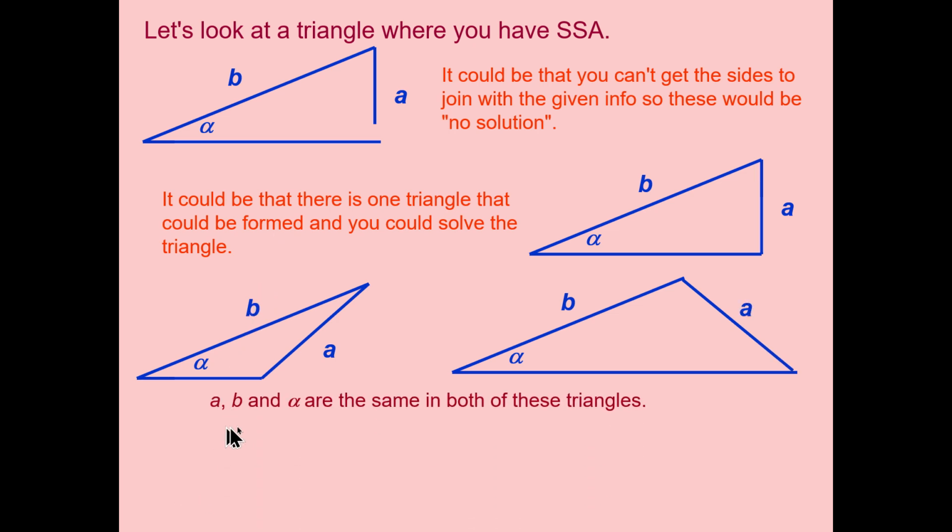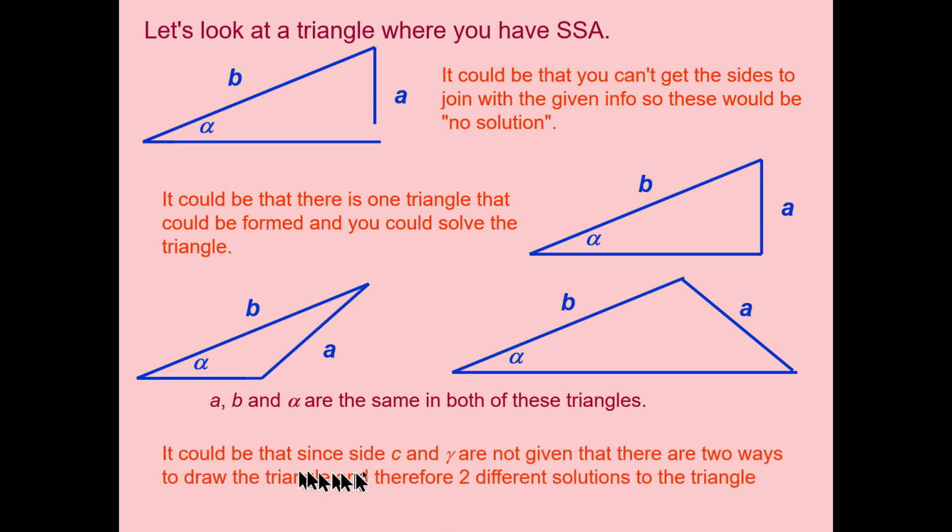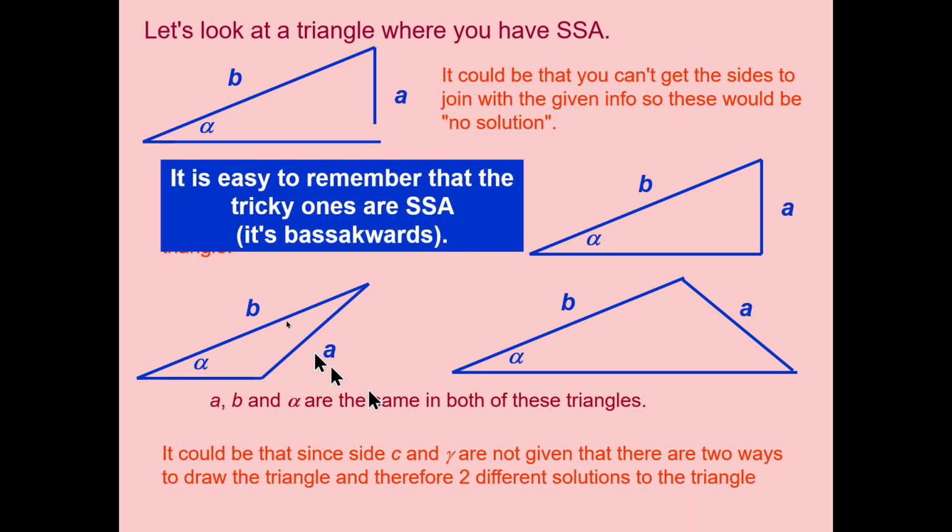In this case, A, B, and alpha are the same in both of these triangles. It could also be that since side C and gamma are not given, there are two ways to draw the triangle, and therefore two different solutions. It's easy to remember that the tricky ones are side, side, angle.